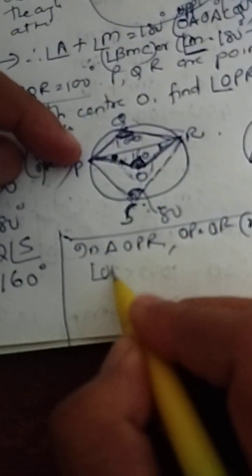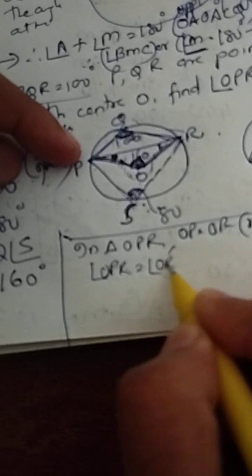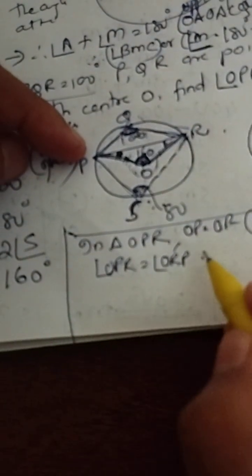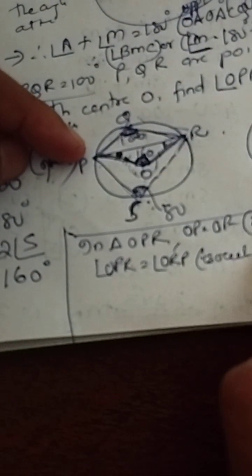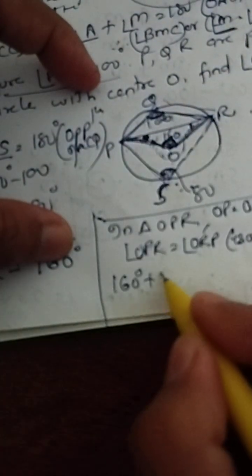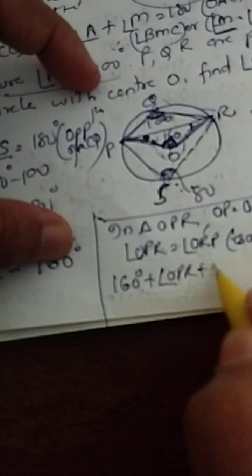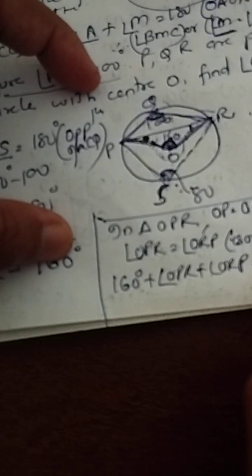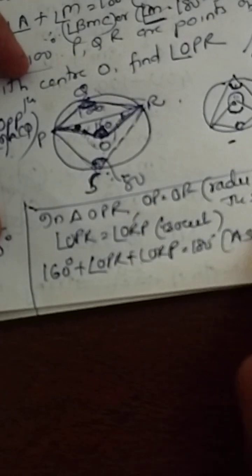Now when they are radii of the same circle, angle OPR is equal to angle ORP, because it's an isosceles triangle. So 160 plus angle OPR plus angle ORP is equal to 180. That is the angle sum property.